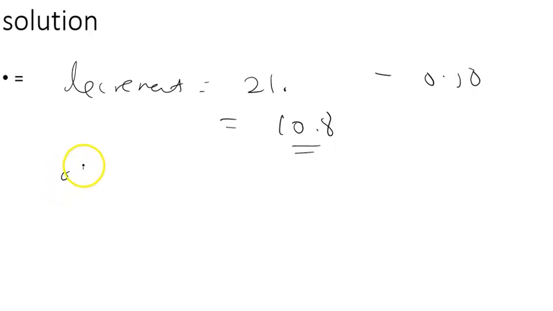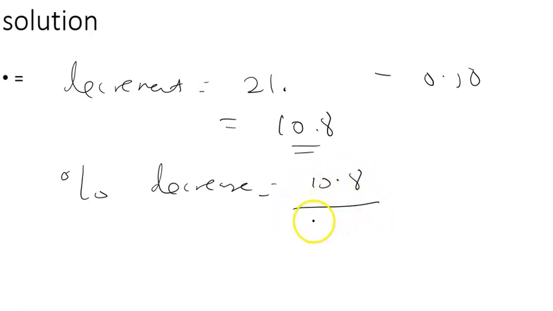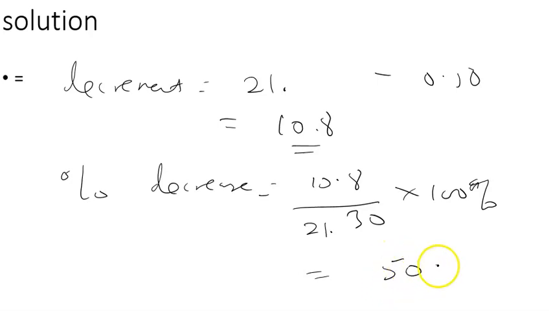So the percentage decrease is equal to the decrement, that is 10.8, over the original value of 21.30, times 100%. When you press it, you get 50.7%. This is the decrease in the percentage of the price of a liter of petrol.